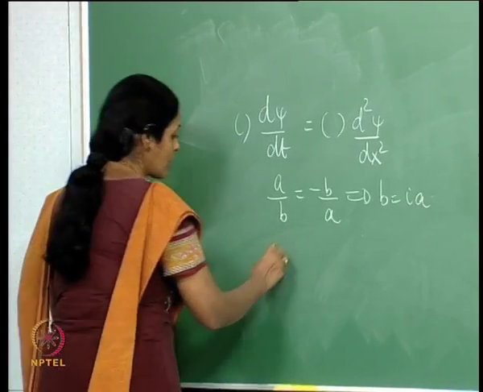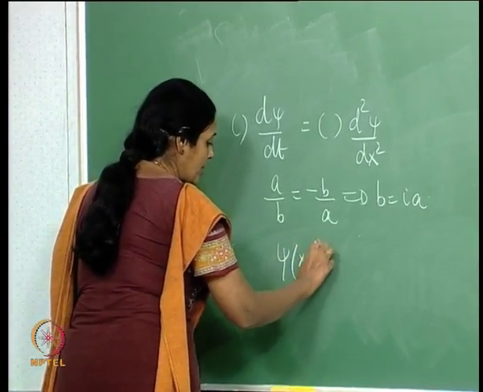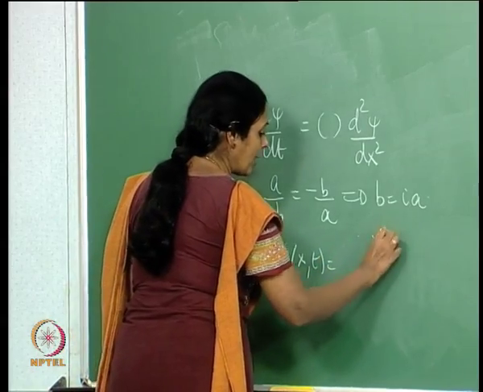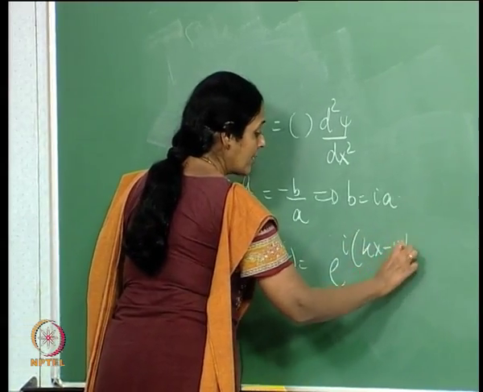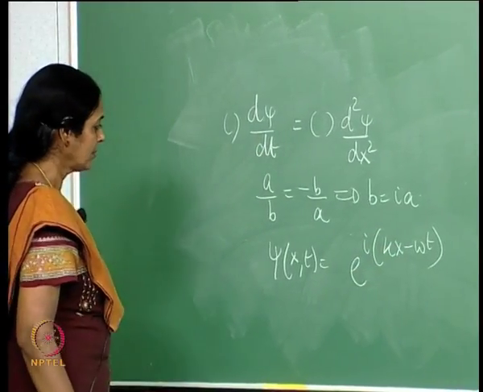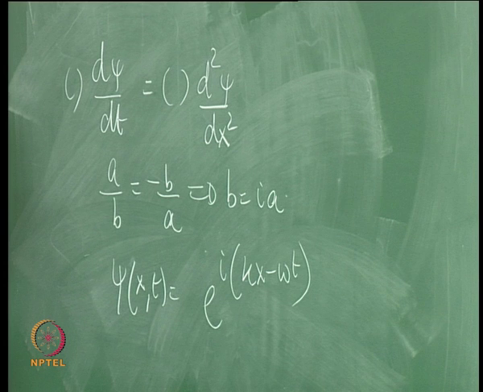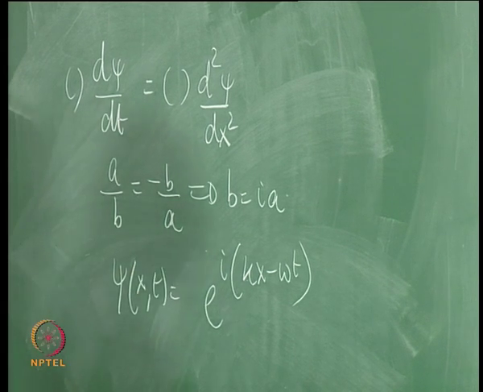And then it follows that psi of x,t is e to the i(kx minus omega t), apart from a phase.